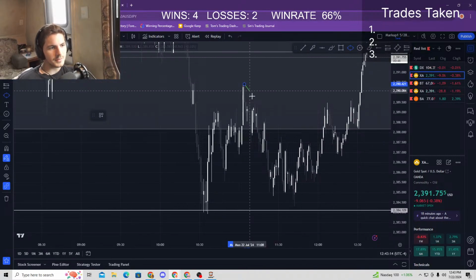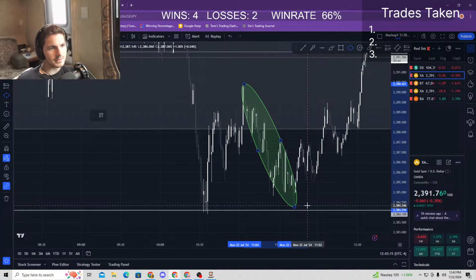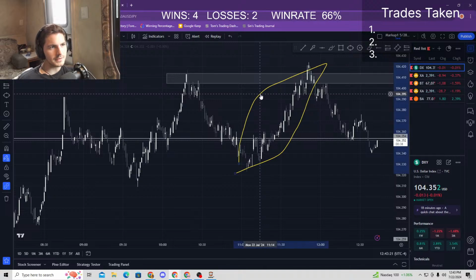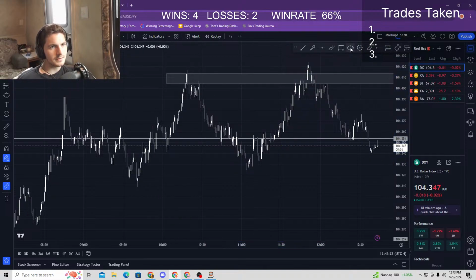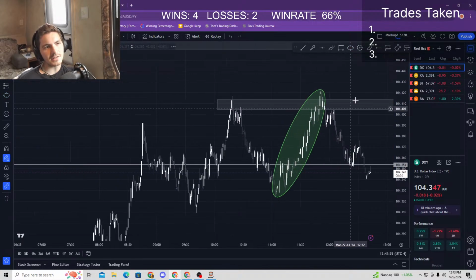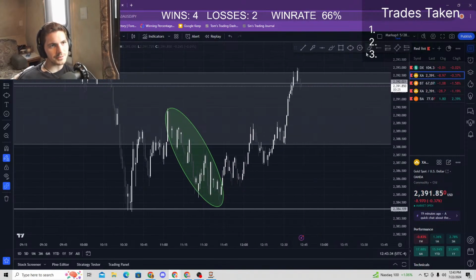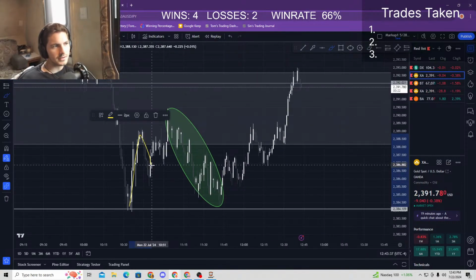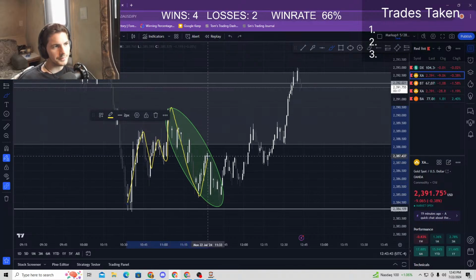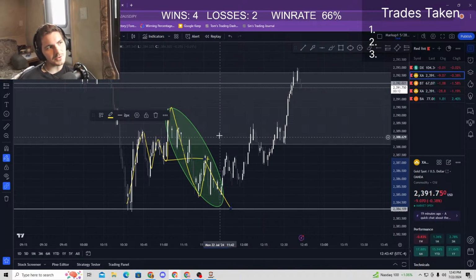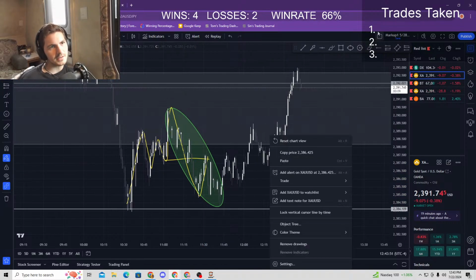You can see from 11 to 11:42, actually 11:50, that it correlated for this move, which is the break of structure on the change of character. And then the retest. You can see that that move was pretty reliant on DXY, and it correlated for that.